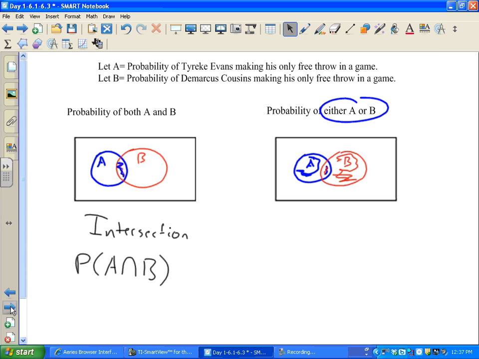And when that happens, we call that the union. And we write that as probability of A union B. Okay? I remember the frown as the intersection, and that's hard to do.